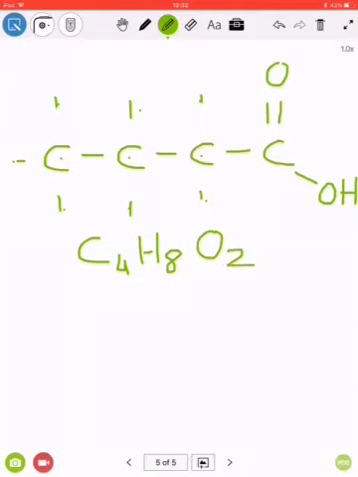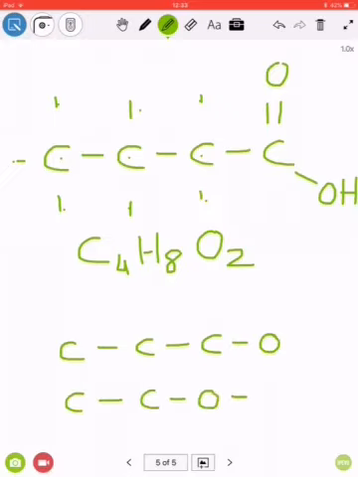Now remember, that's not allowed to change. So if you're going to do an ester, you can have 3 carbons before you break it with an oxygen, or you can have 2 carbons before you break it with an oxygen. It really does not matter. But you must make sure that when you're done, there are still 4 carbons.